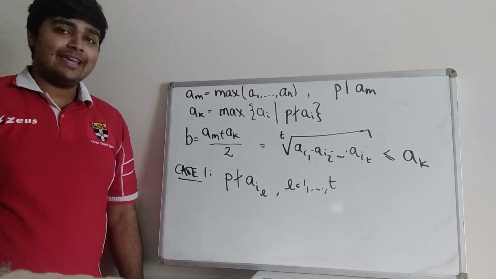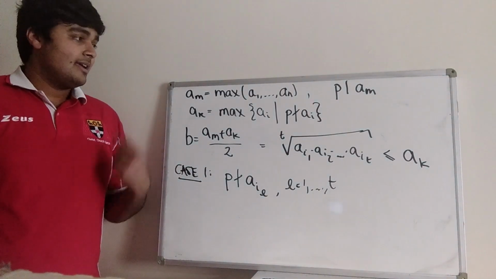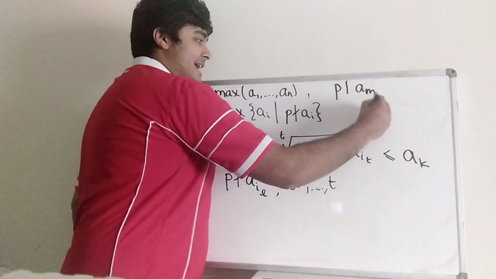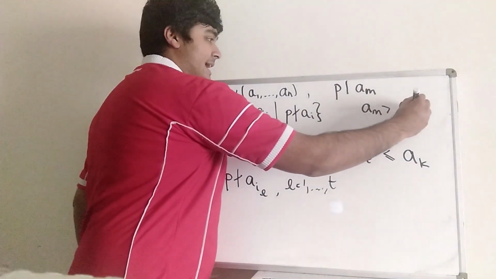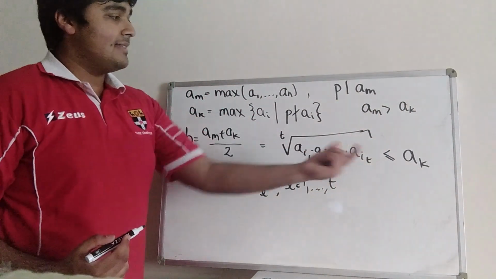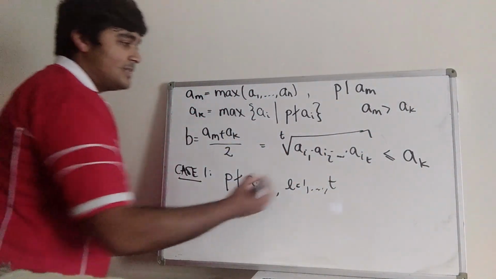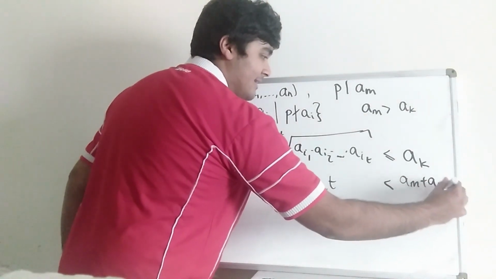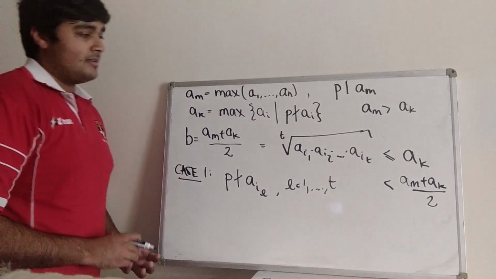But what do we know about a_k? It's strictly less than a_m from what we had before. The argument we had before, we had that a_m is strictly bigger than a_k. Well, what does that tell us? Then that means that a_k must be strictly less than (a_m + a_k) over 2.